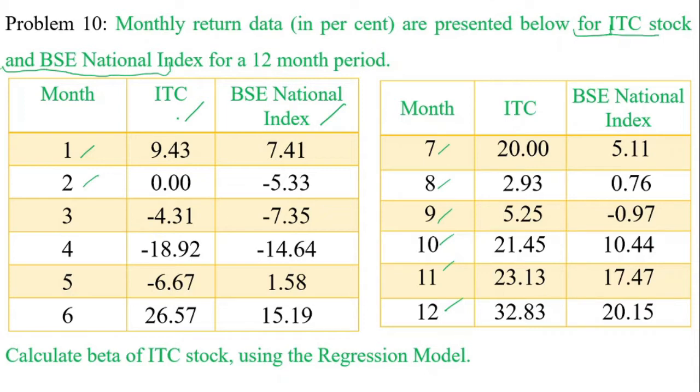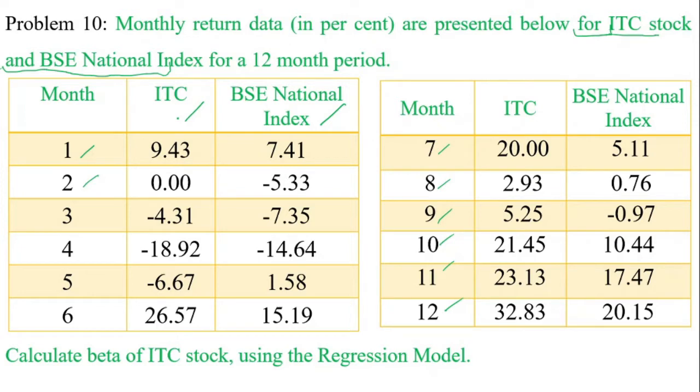As we know, the monthly returns for the ITC stock as well as the BSE national index for the 12 months are given in the problem. Calculate the beta of the ITC stock using the regression model.